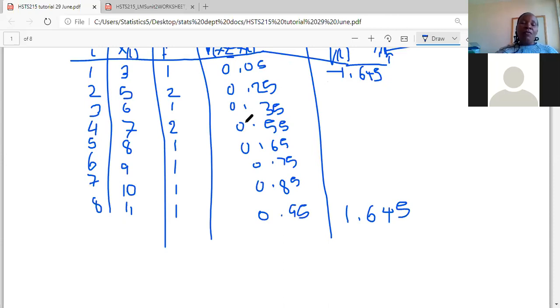So you are looking from my values, and usually it needs a linear interpolation to get the z value because you would not get exact values. But if you are using maybe Excel, let me illustrate in Excel.